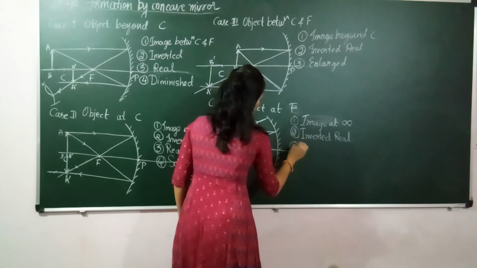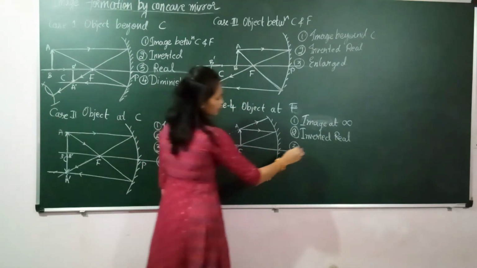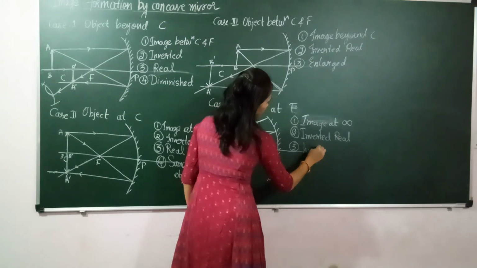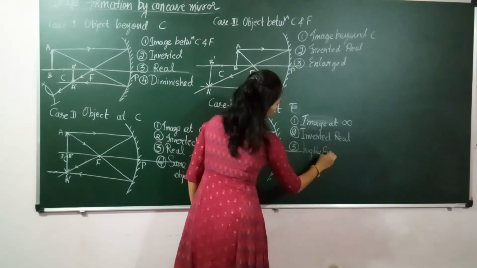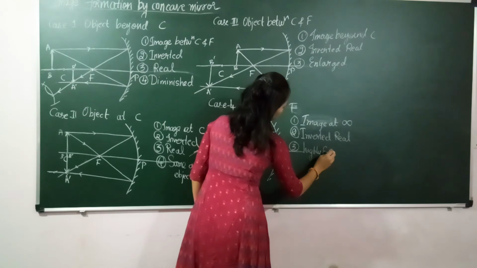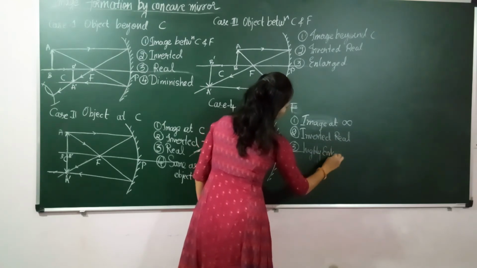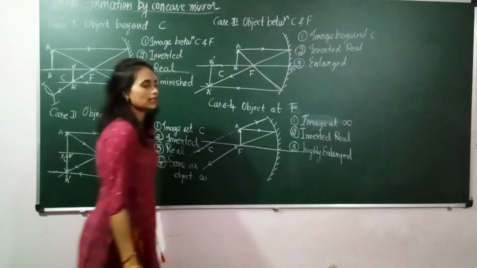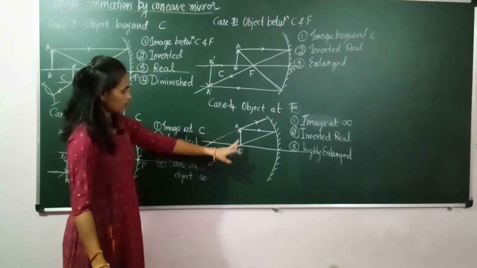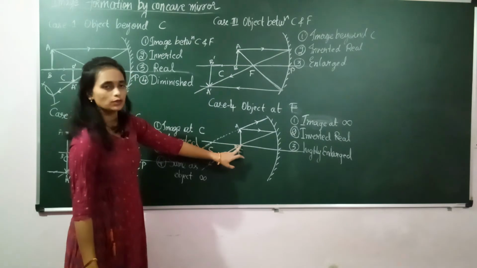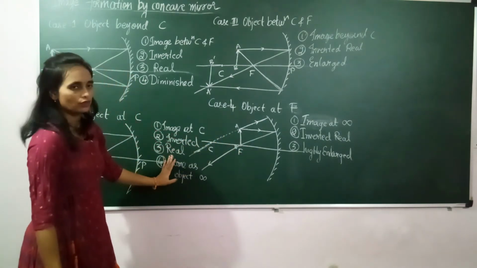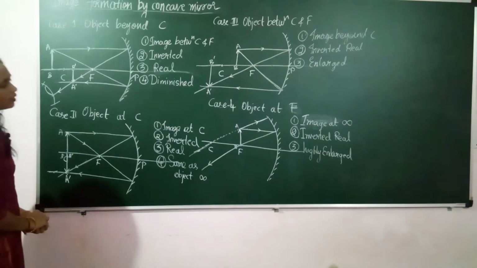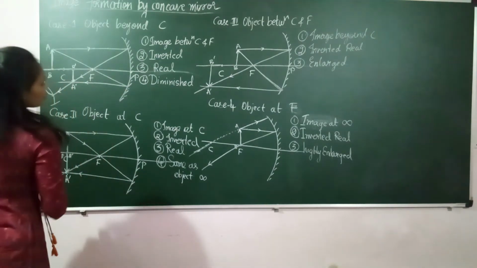Third, the size is highly enlarged. So when the object is placed at the focus point, the image will be formed at infinity. And next we will study when the object is placed between the focus point and the pole.